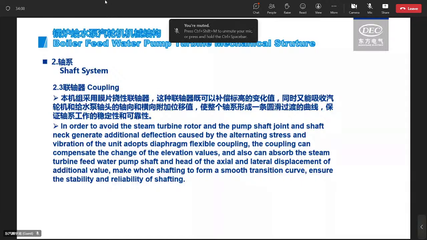The coupling can compensate for changes in elevation, and can also absorb the axial and lateral additional displacement of the steam turbine and feed water pump shaft ends. This makes the whole shaft system form a smooth transition curve and ensures the stability and reliability of the shaft system.